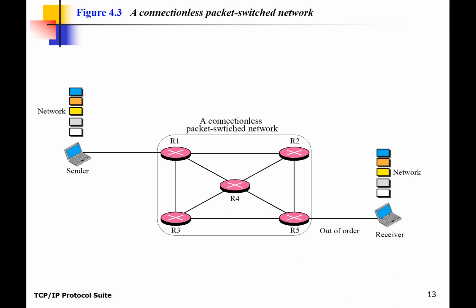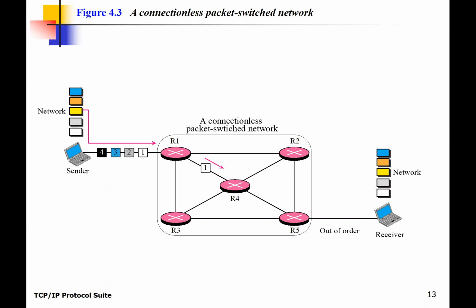And when you send different packets on different paths, there is a chance to receive packet 2 before packet 1. So you will not receive them in order because you don't know which path is faster. So at the destination, maybe you will receive the packets out of order. For example, I'm trying to send a message from the network layer, packets 1, 2, 3, 4. Maybe packet 1 is going to go through router 1 to router 4.